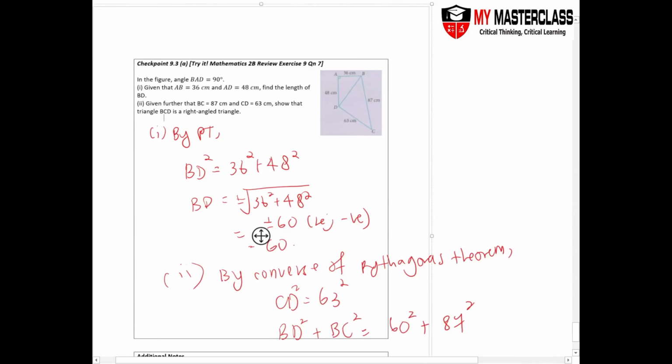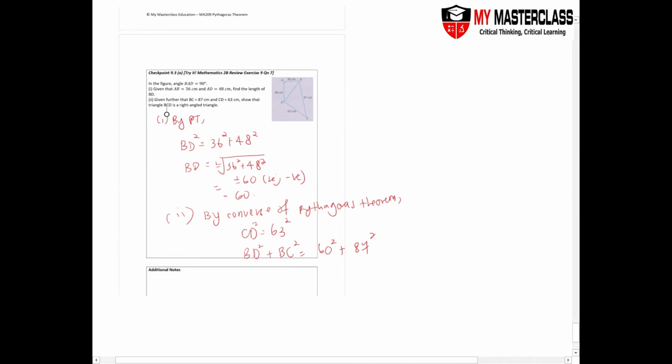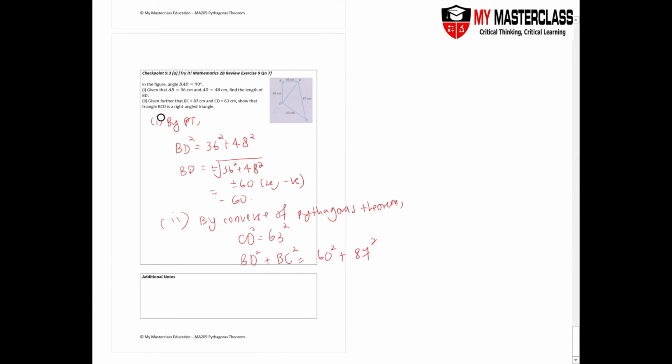So what will you determine over here? BC is 87, CD is 63. They're asking you to show that BCD is a right angle triangle.